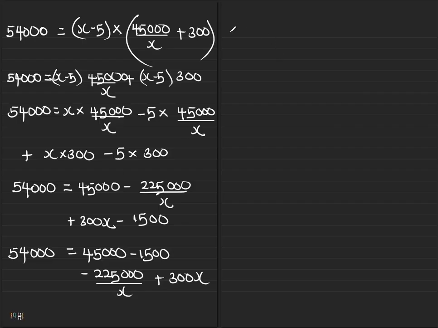So we still have 54,000 equals 45,000 minus 1,500, which gives us 43,500. We then have our minus 225,000 over x and then plus 300x.